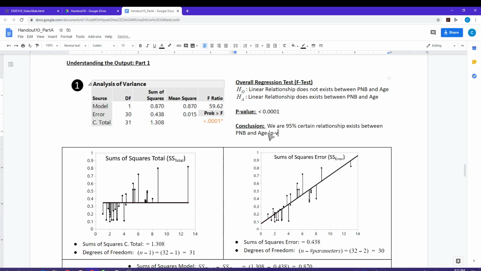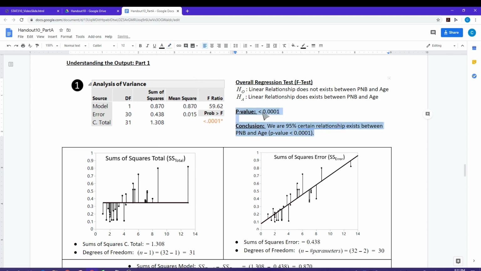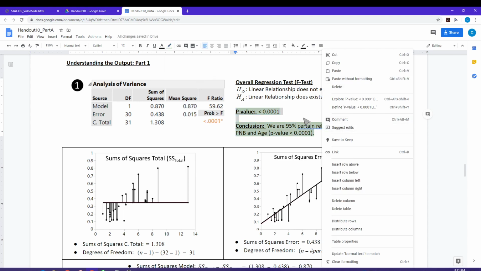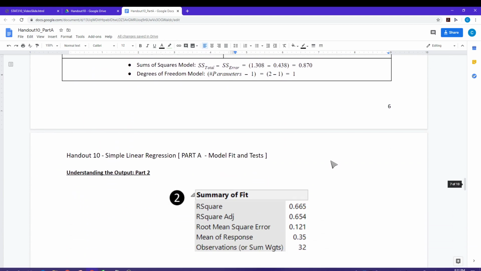Probably should add my p-value quantity there for completeness. So there is indeed a relationship that exists between proportion of nose black and age. Okay, that's the overall test.